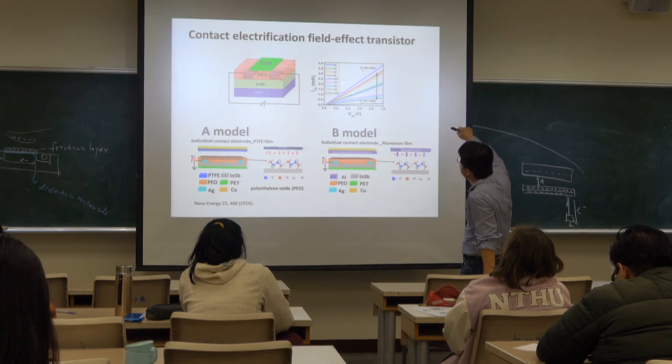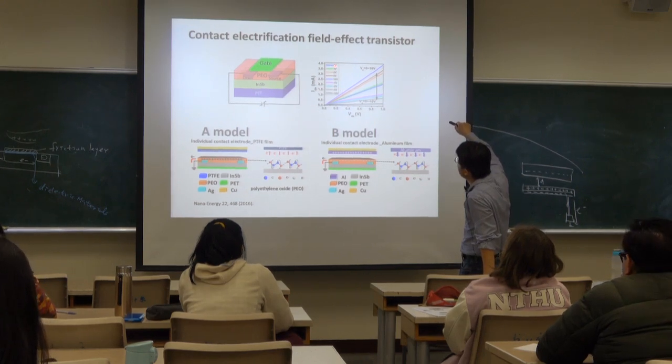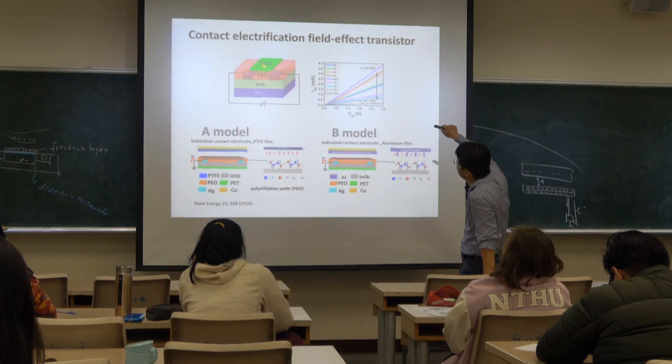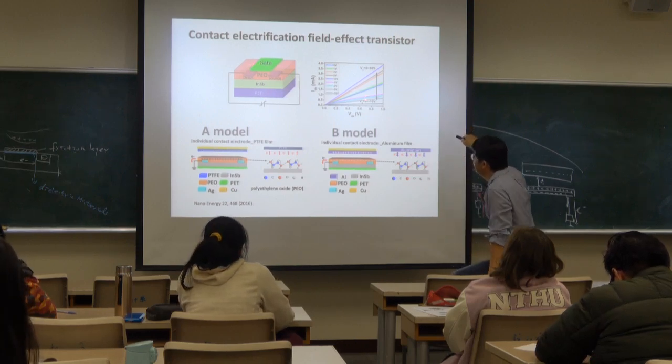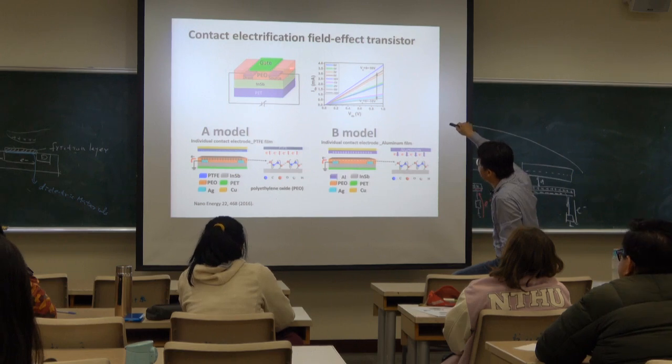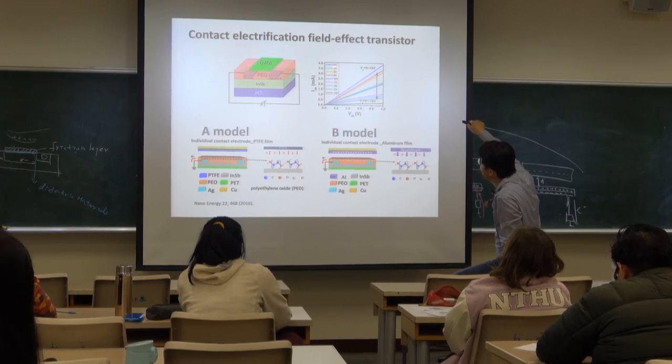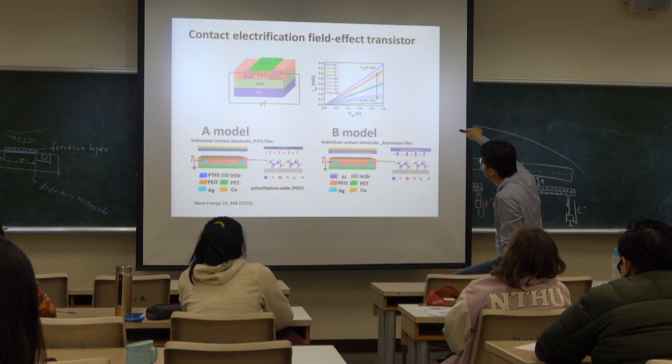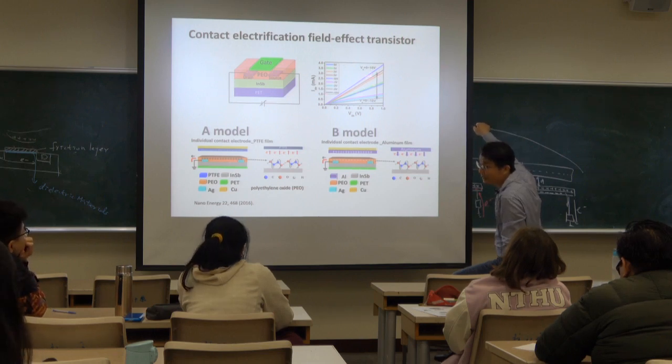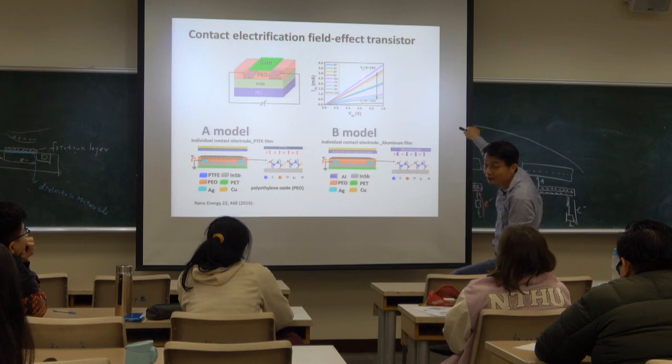Here is from 0 volt, gate bias is 0. So you can see as I apply from 0 to 5 to 10 volts, from 0 to 10, you can see IDS is increased, right? Do you see that? IDS increased.